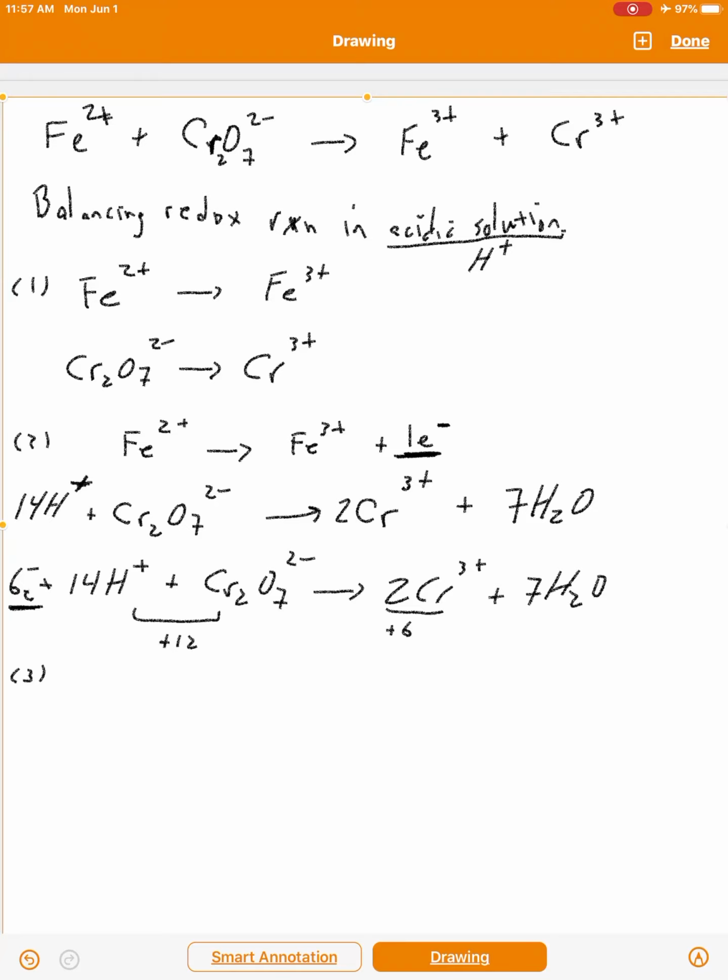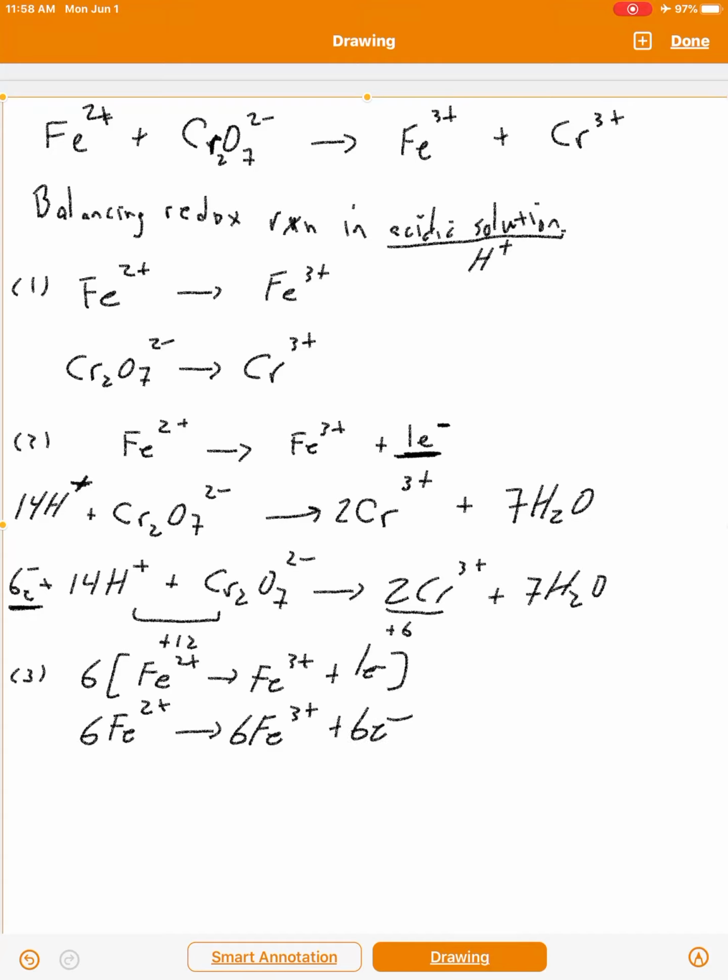So what I'm going to do is take the first half reaction and multiply it by 6. What happens if I multiply that by 6? I get 6 iron 2s goes to 6 iron 3s and 6 electrons. Now the electrons are equal.